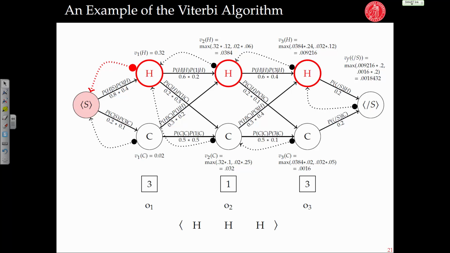It's of course more likely to actually end with a cold day. So for example, if the transition probability from H to an end of sequence is 0, then, or very low compared to cold.